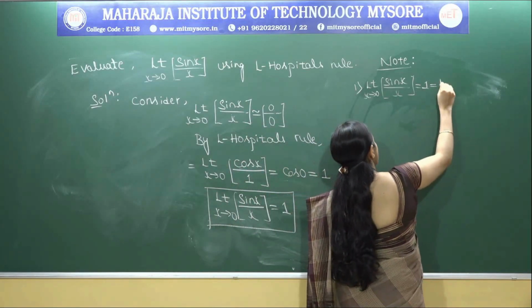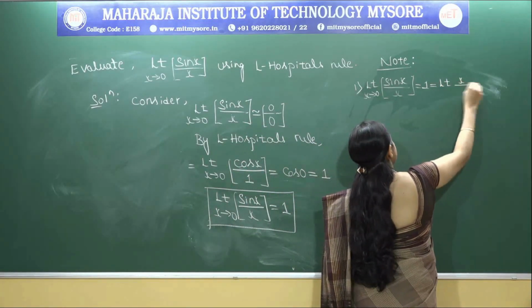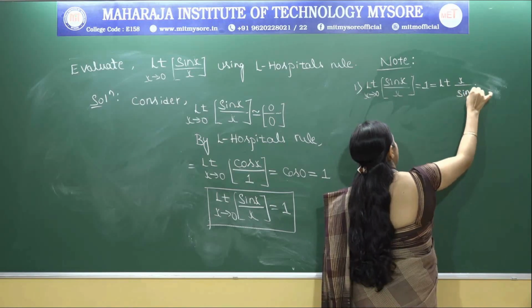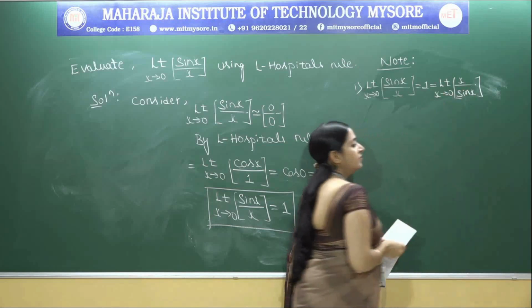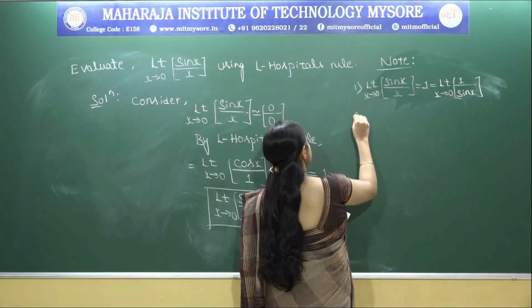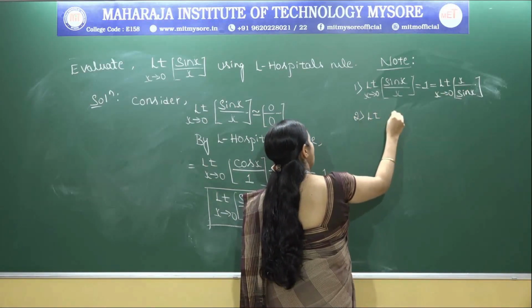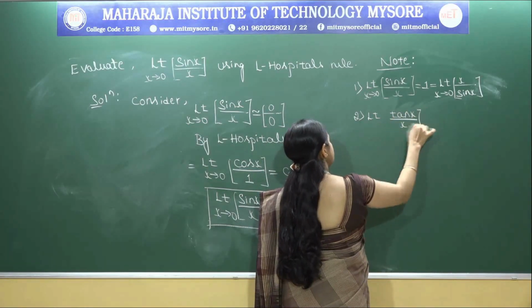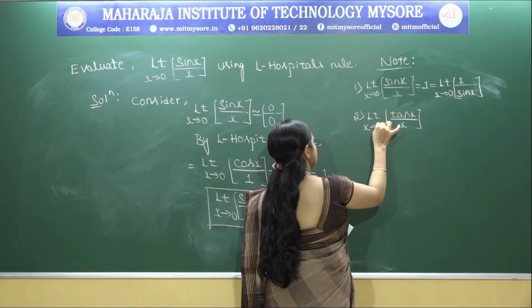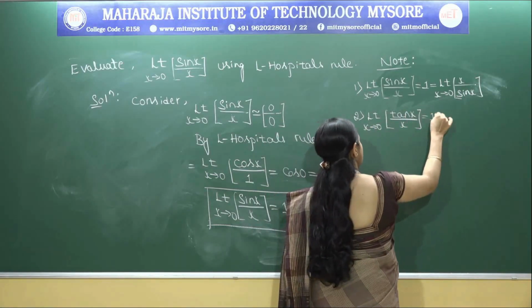This can also be written as the limit of x divided by sin x. Both are same as x tends to 0. The second term, similarly, the limit of tan x divided by x as x tends to 0 equals 1.